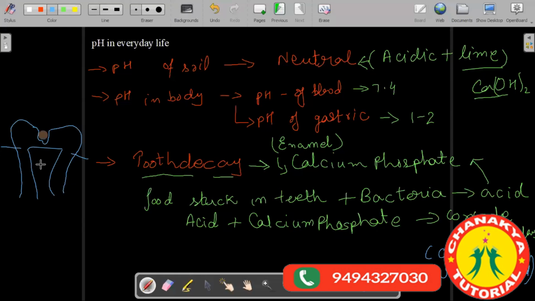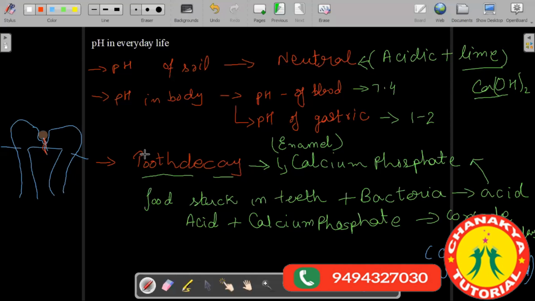When a large cavity is created, these acids are able to reach the nerves. When the acid reaches the nerves, it causes pain, and that is the time we become aware that we have got a tooth cavity. Understood? So the reason behind tooth cavity is the pH of the teeth. We must maintain the pH of the teeth to be neutral.